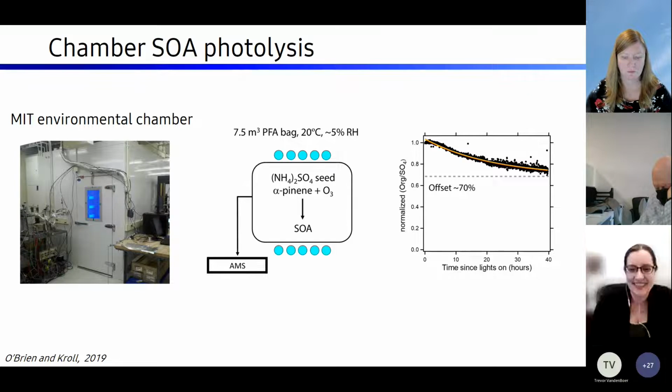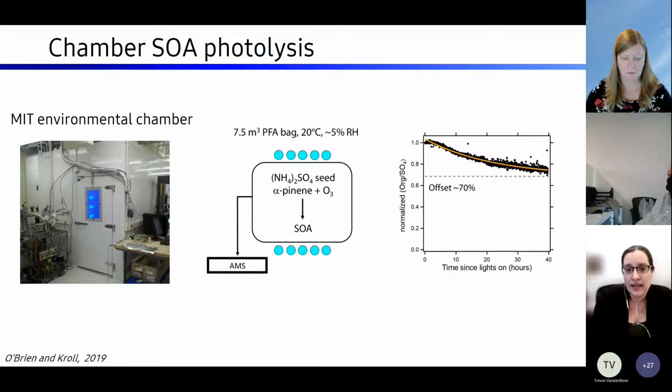And when we did this, what I found was that instead of assuming that all of this material was going to decay, I needed to apply an offset, and a rather substantial offset, to the exponential decay that we were seeing. So something like 70%, 80% of this mass was not showing a decrease when we did these photolysis experiments in the chamber.